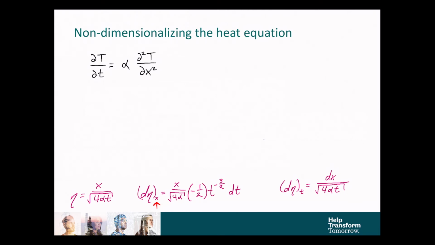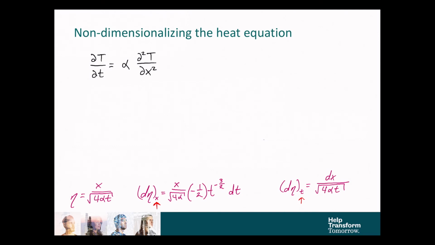In that case, x is constant, so also the square root of 4 over alpha is a constant, and the only thing we really have to focus on is getting t correct. So you just implicitly differentiate with respect to t. Then in the second instance, we differentiate eta implicitly with respect to x, holding t constant, and get an even simpler algebraic expression. And these are what we're going to use to plug into our non-dimensionalized equation here.